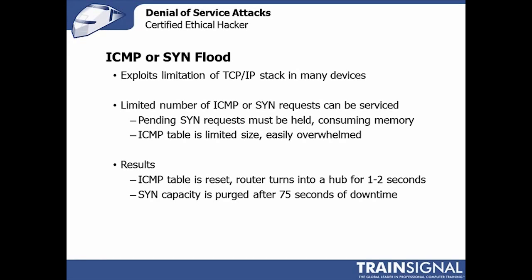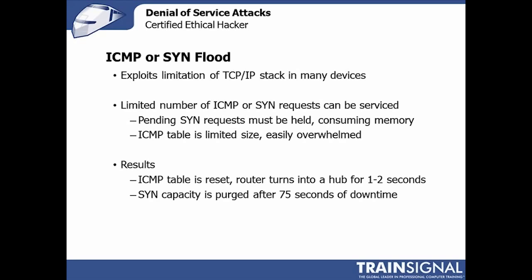ICMP flood is all about sending tons and tons of ICMP packets to the router in a way that the router thinks that there's a bunch of clients right there on that one port or right there on that set of ports. And most routers, switches, all kinds of intermediate devices have a very limited ICMP table. They can only store a limited number of ICMP addresses or ICMP data in a very straightforward table.